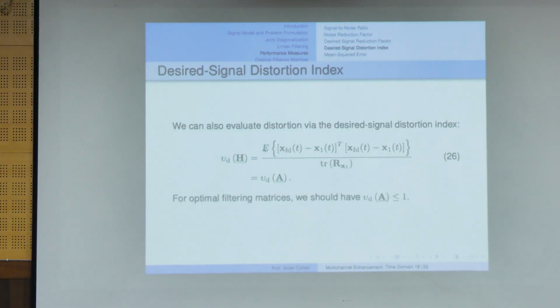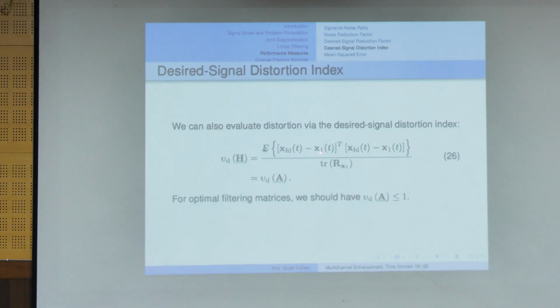We can define the desired signal distortion index. The desired signal distortion index is the expectation of the error between X filter desired, the desired signal which is estimated, which is given after the matrix filtering, compared to the vector of samples of the desired signal in the reference sensor.